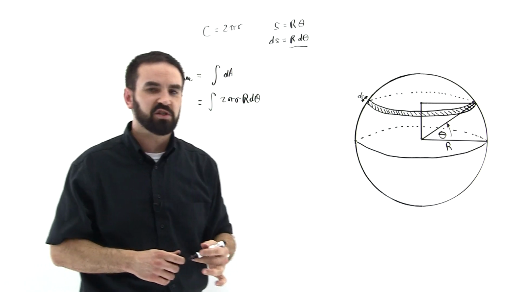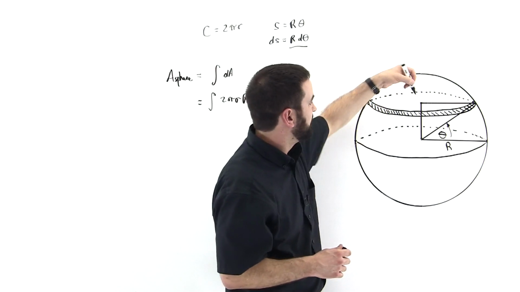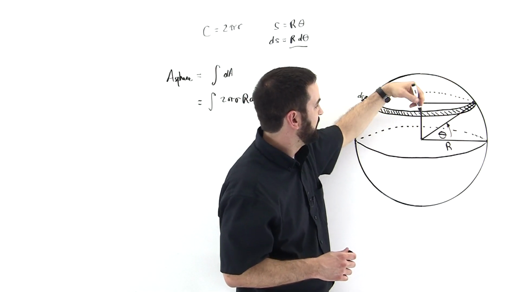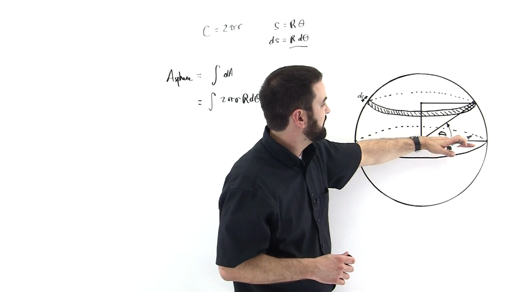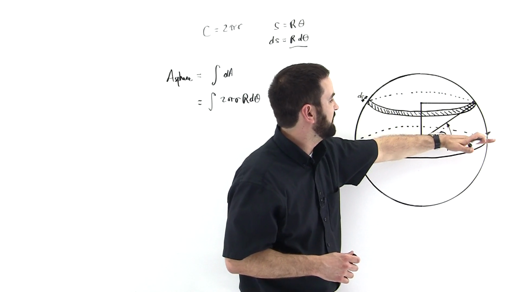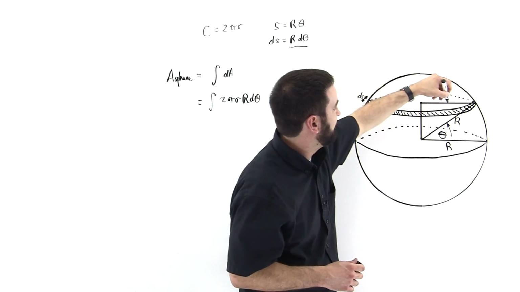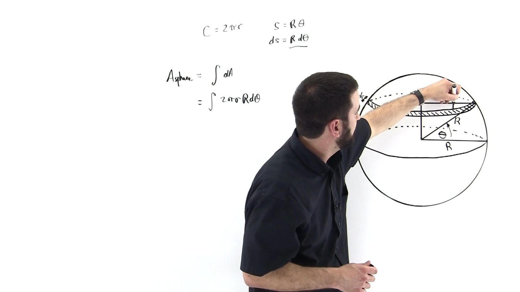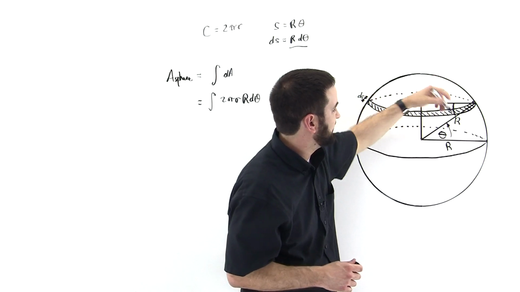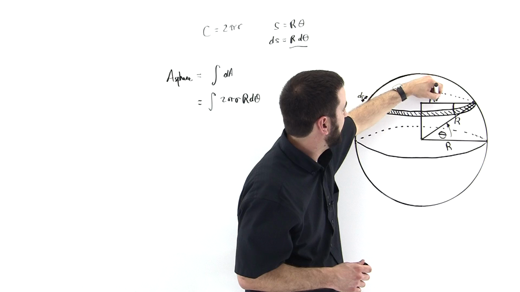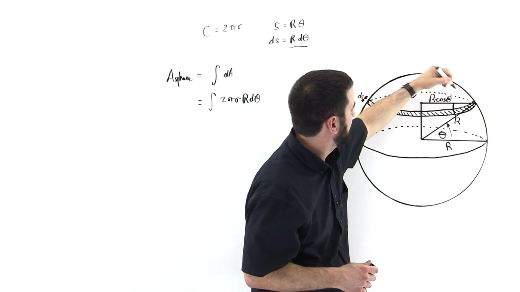Now, the next relationship is to find this smaller radius as a function of theta. We see that the radius of the sphere here is the same as the radius of the sphere here, and this angle right here is the same as this angle theta. So we can say that this is equal to r times cosine theta.